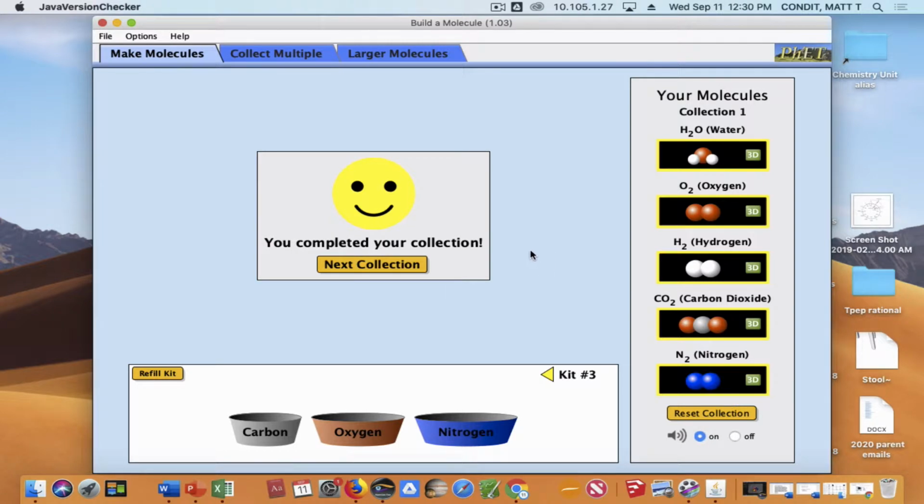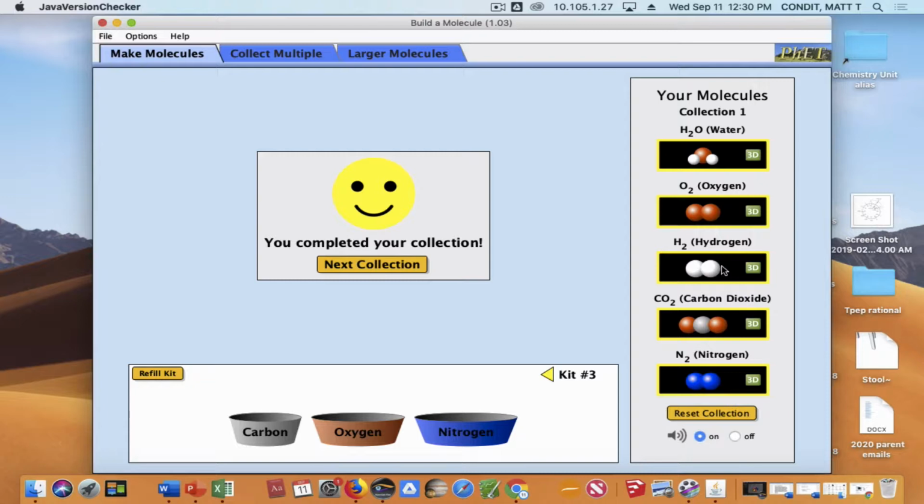Now, I just made 5 molecules here. Every one of these is a molecule, but only 2 of them are compounds. All compounds are molecules, but not all molecules are compounds.